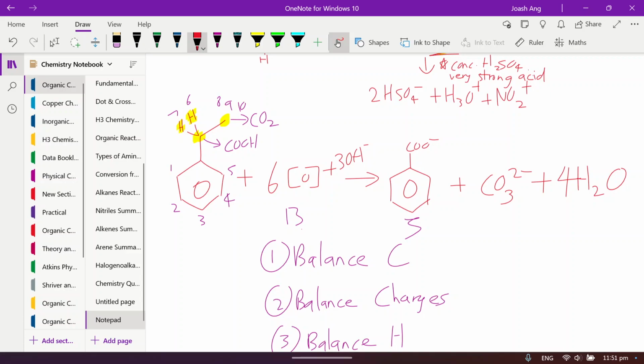6 oxygen on the right, and we have 3 oxygen on the left. So in this case, there will be 3 of the O brackets.